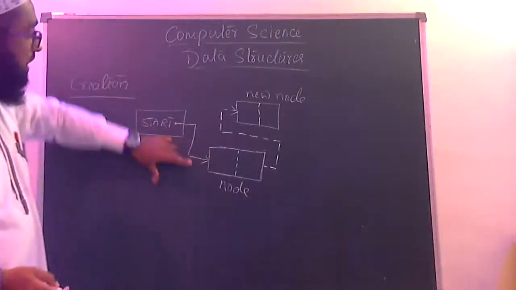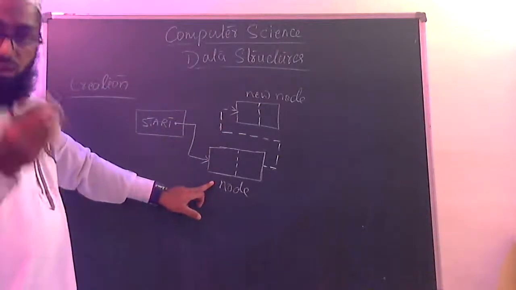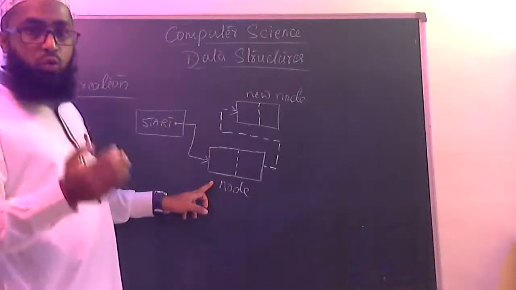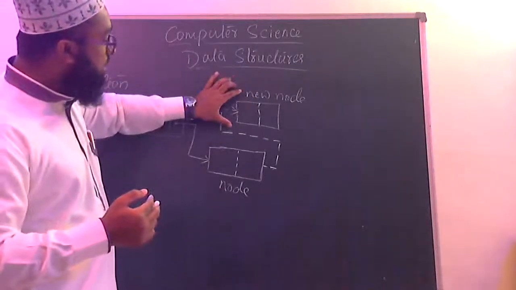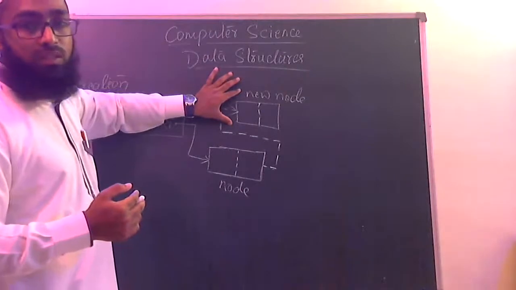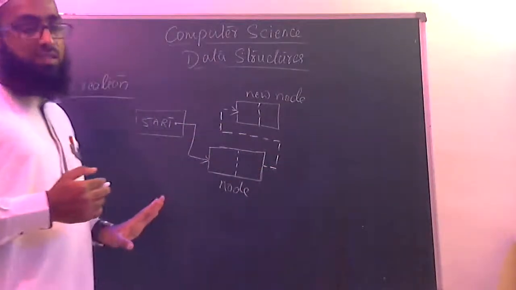Creation means we have created a stack which contains one node. If we want more nodes or more elements to be added into the stack, then a new node is to be created. After creation, this can be added to the stack.